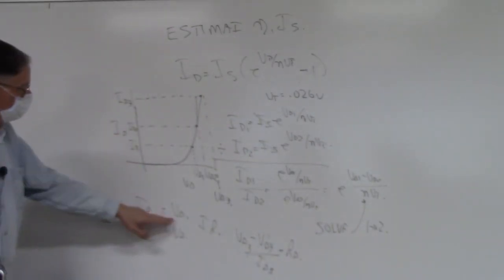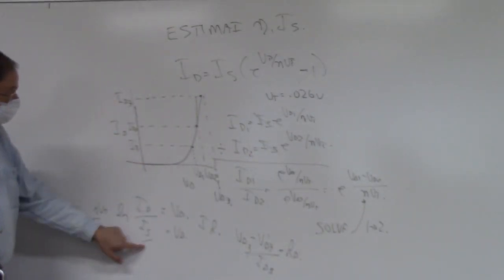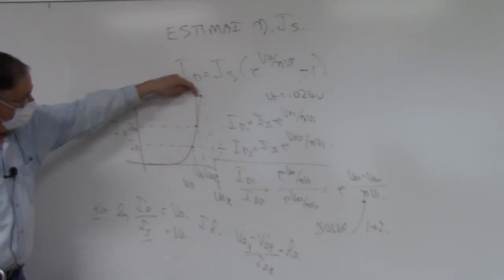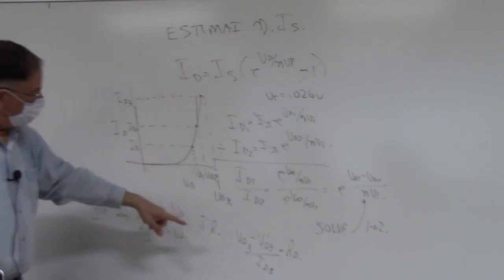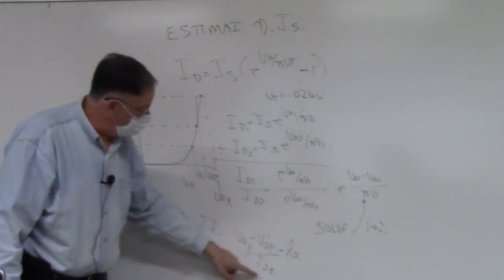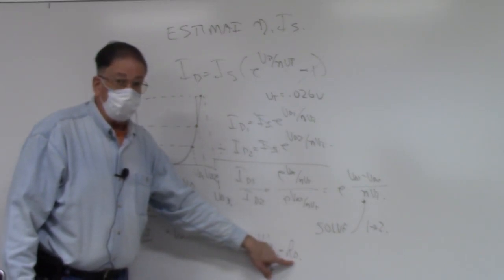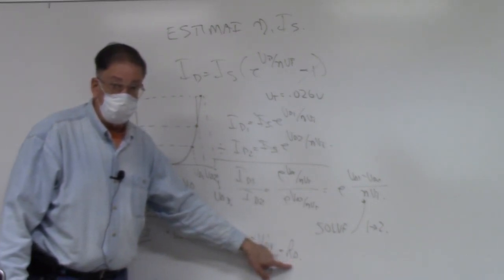So the difference between the voltage we get using N and I sub s and the voltage that we see here, this little shift over here, is attributed to the diode's forward resistance. If we take that voltage difference and divide it by the current of the diode, we're going to get the value of that parasitic resistance.